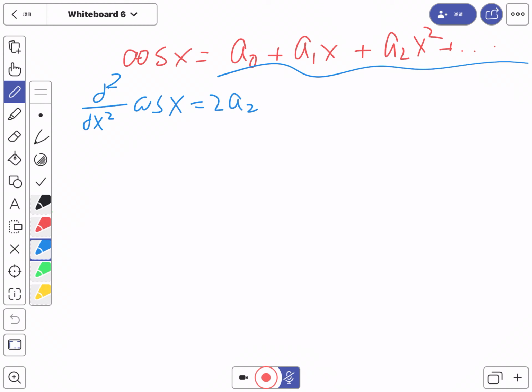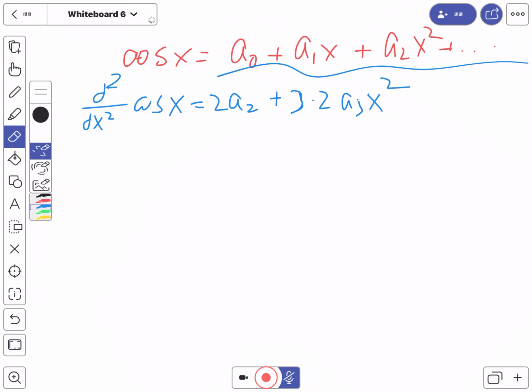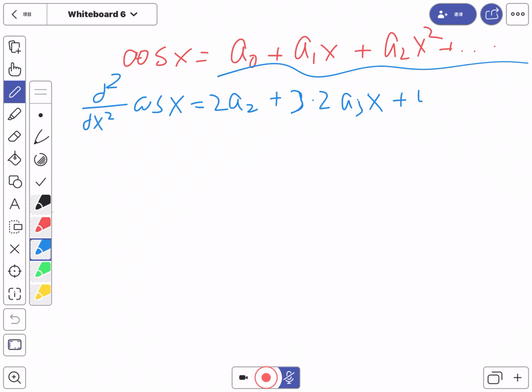So a3 x cubed, you take 3, you take 2, then you have 3 times 2 a3 times x, and then plus 4 times 3 times a4 x squared. So you can see the pattern, but then we have to make this be negative cosine of x.